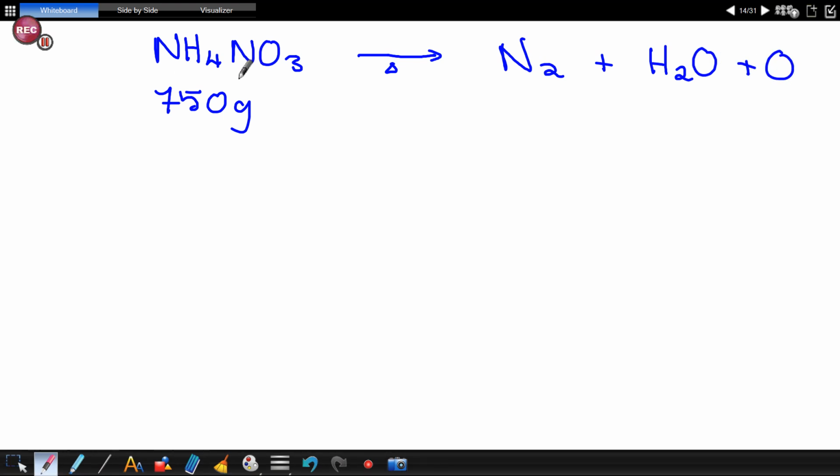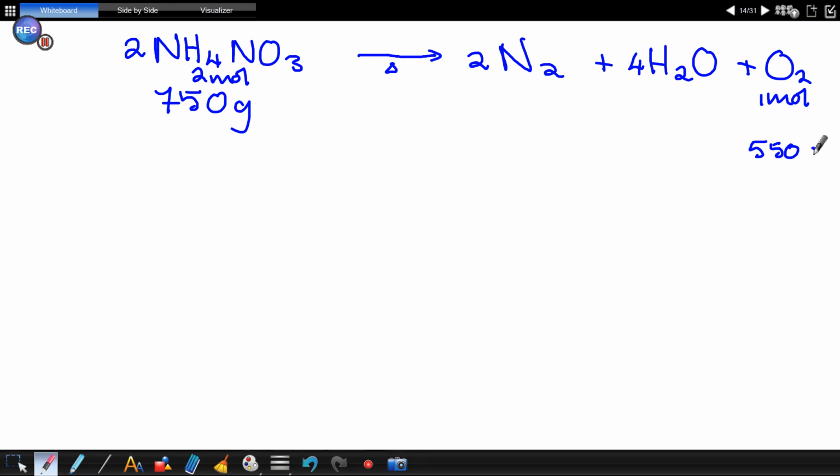We need to balance this reaction equation: 2 moles to 2 moles to 4 moles to 1. So 2 moles of ammonium nitrate will give us 1 mole of oxygen.